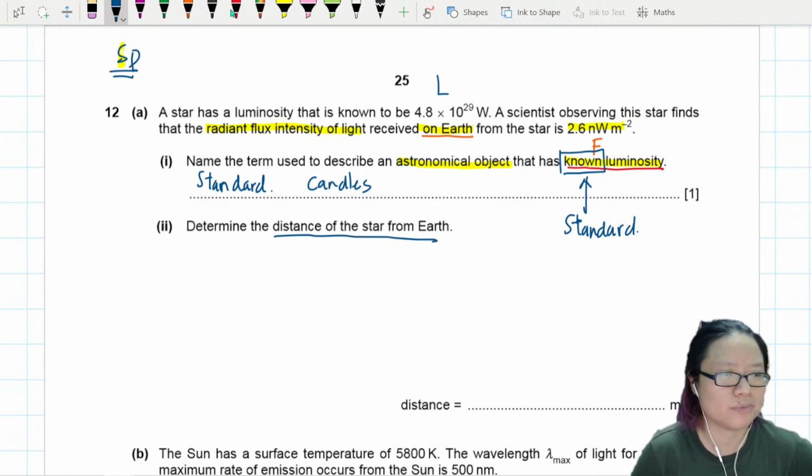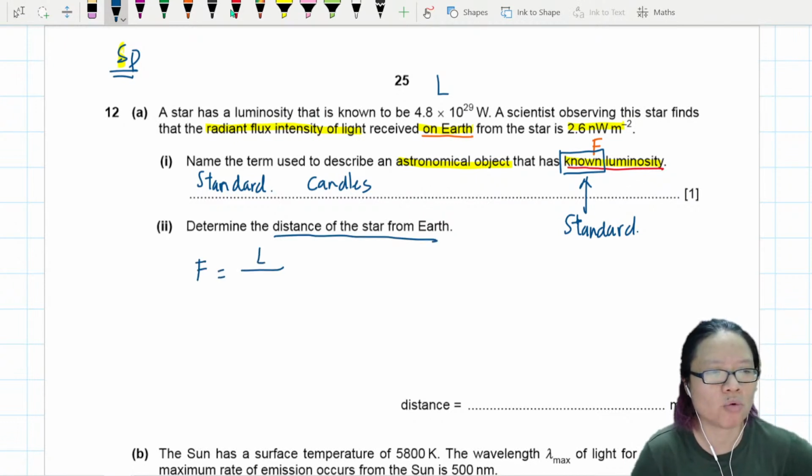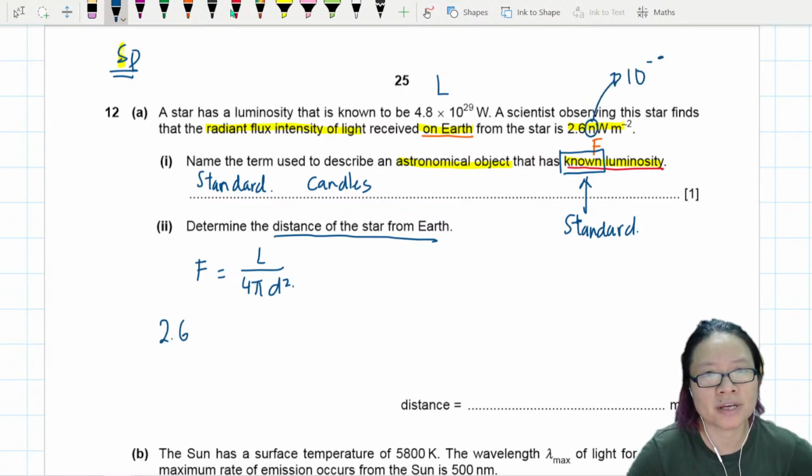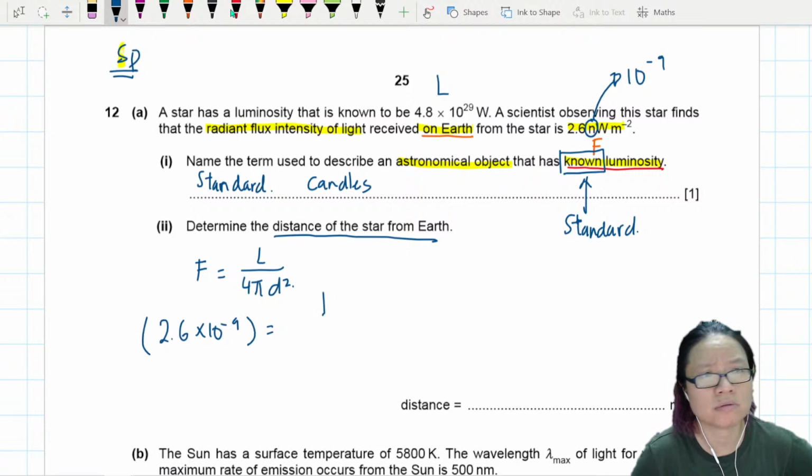Well, we use F is L over 4 pi d squared. Plug and play. 2.6, you see a sneaky nano here? 10 to the power negative 9. Don't forget. L, do we have L? Yes, we do. 4.8 times 10 to the power 29 over 4 pi d squared.